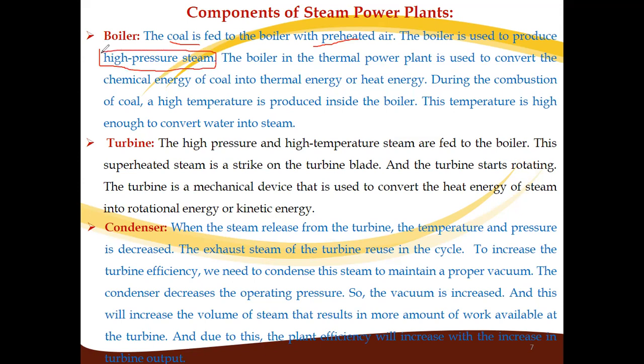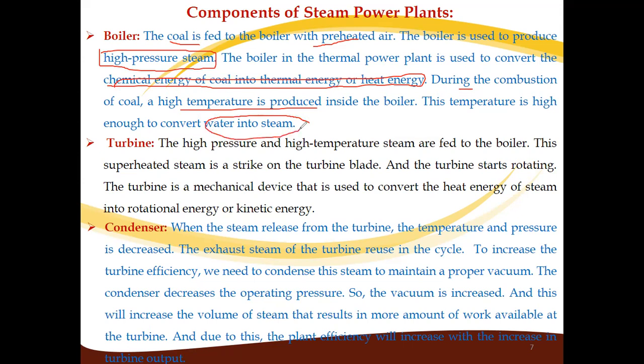So the boiler in a thermal power plant is used to convert the chemical energy of coal into thermal energy or heat energy. During the combustion of coal, a high temperature is produced inside the boiler, and this temperature is high enough to convert water into steam.